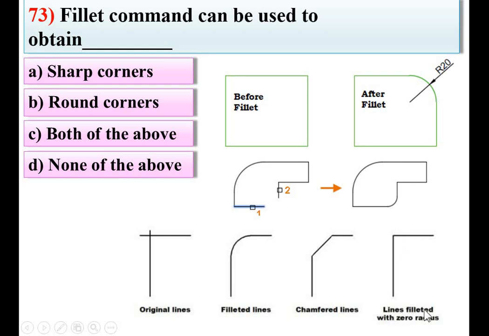Here I have written lines filleted with 0 radius. It means with the fillet command I will get round corners or sharp corners. That means A and B both are the right answer. So I can say C, both of the above, is the right answer.